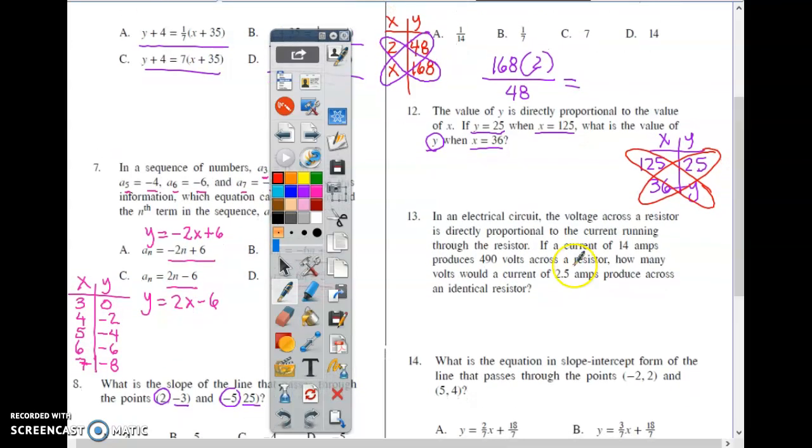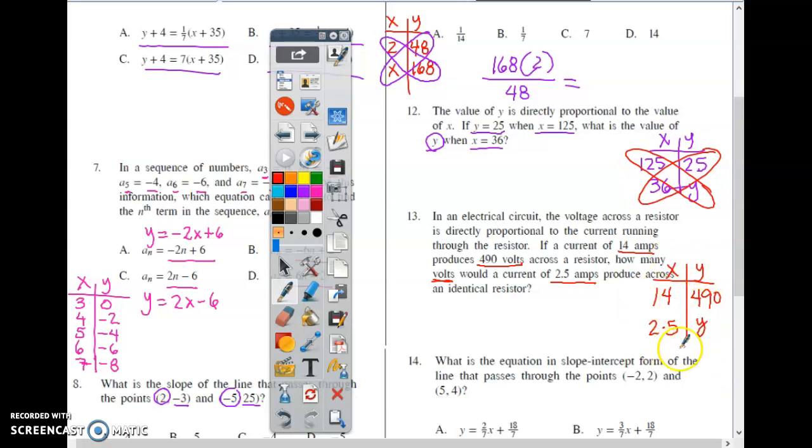Problem number 13, same thing. Make a table. Pay attention. Make a table. It says, if a current of 14 amps produces 490 volts, so 14 amps gives me 490 volts, then how many volts, so I need the y, I don't know what it is, would a current of 2.5 amps produce?